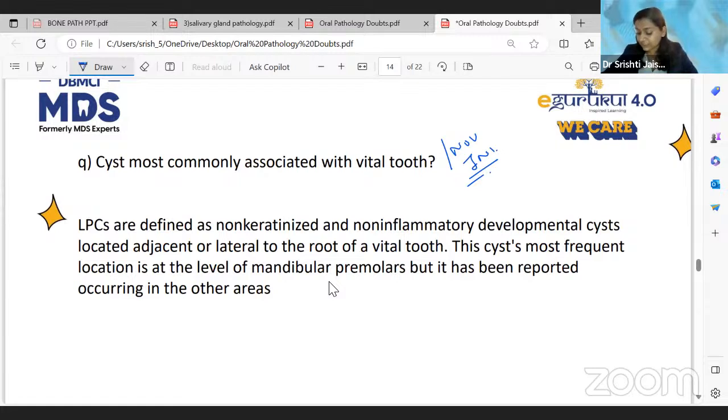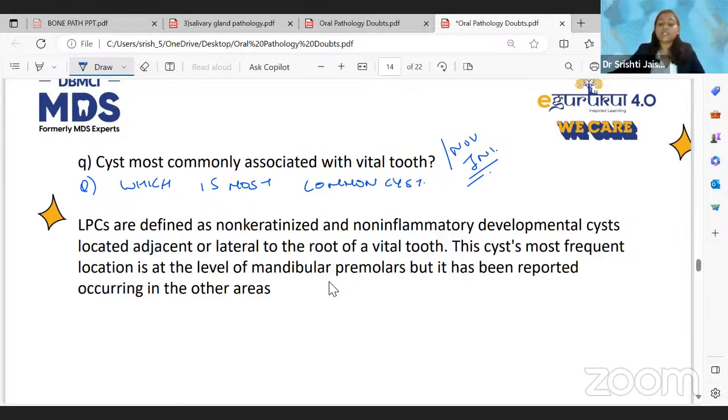Many students mentioned, ma'am, the question was slightly different: which cyst is more commonly associated with a vital tooth? See, these two questions are very different.